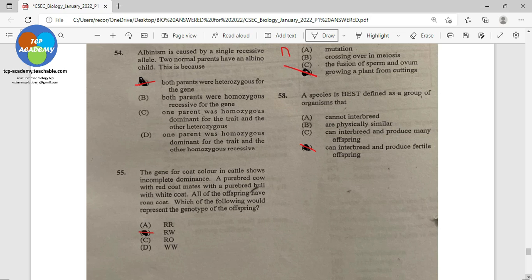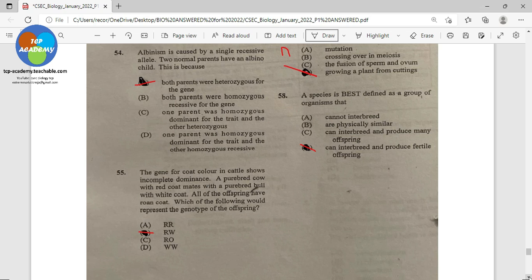I'll explain. Now, the gene for coat color in cattle shows incomplete dominance. So you would have heard about codominance, and I've always said to students, codominance and incomplete dominance might look the same way, but they're really different. So we're going to be looking at it here. A purebred cow with red coat mates with a purebred bull with white coat.